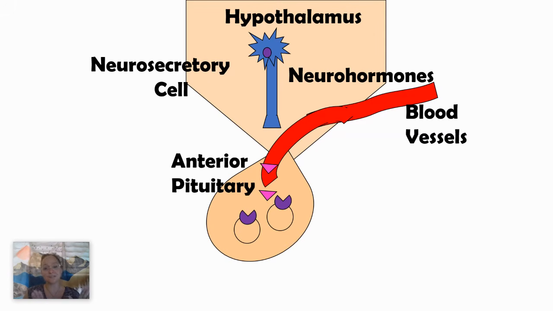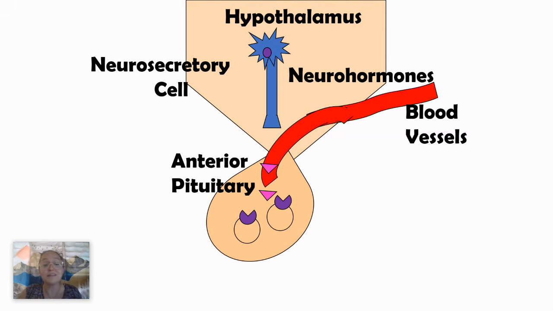So to summarize what we just saw, there are specialized neurons in the brain called neurosecretory cells that release neurohormones into the circulatory system, into the bloodstream. The blood is going to carry them to the anterior pituitary, where they find their target cells. So these pink triangles are ligands.